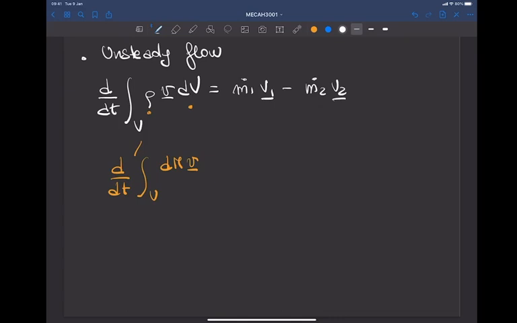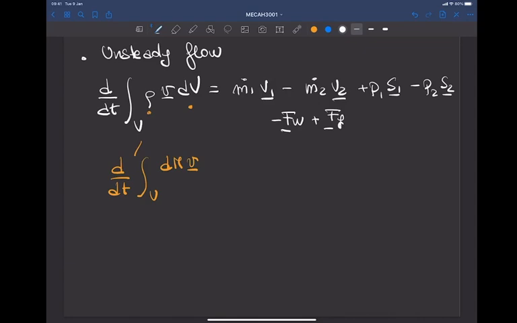So we have plus p1 s1 minus p2 s2 minus fw plus fg, and I have to indicate that these are vectorial quantities.